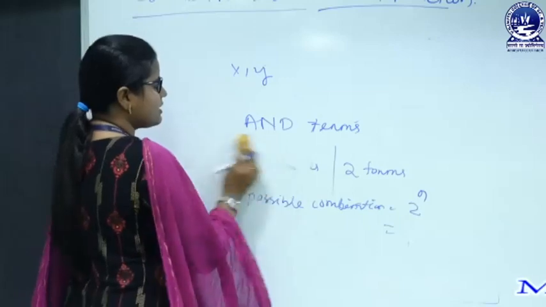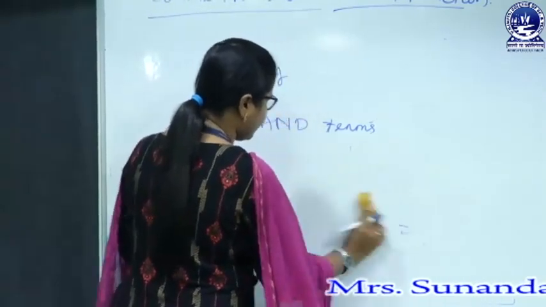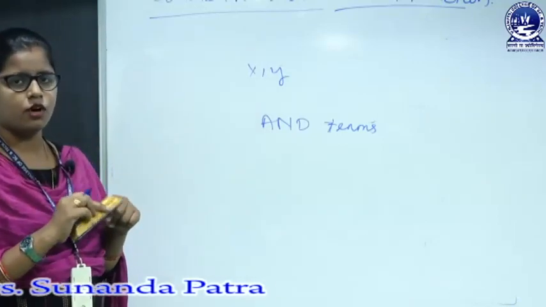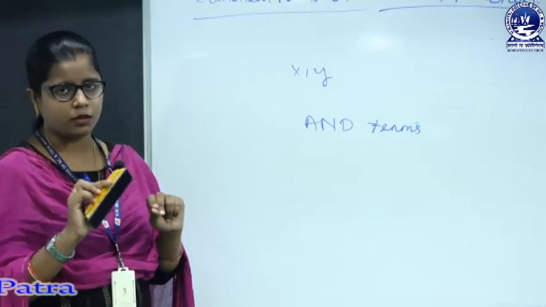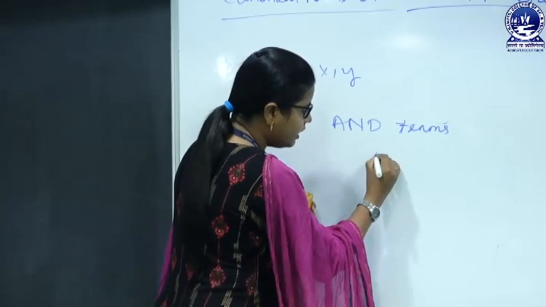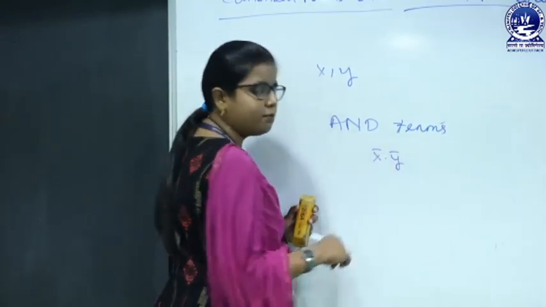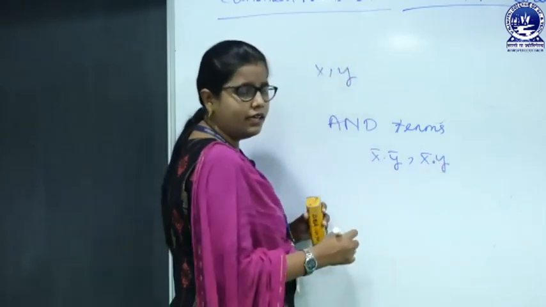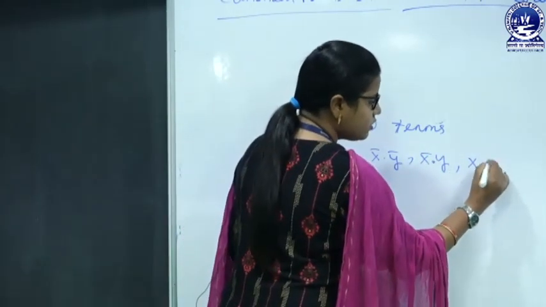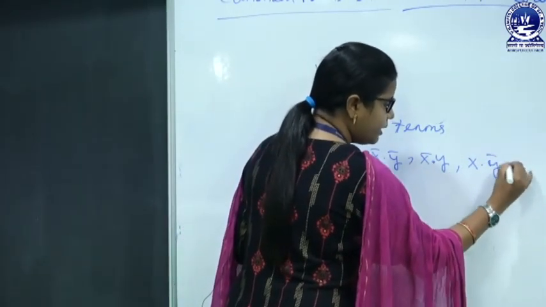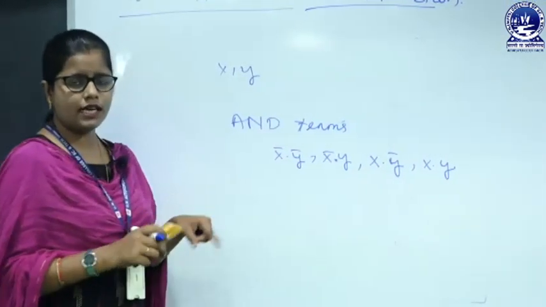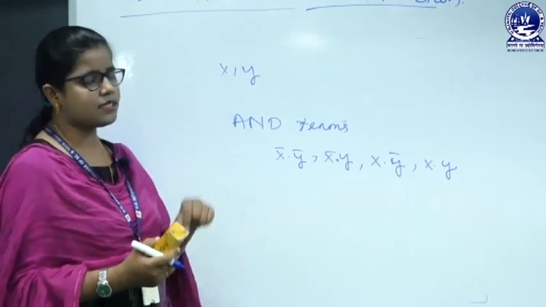So let's take the example. Suppose we have two variables x and y and we have to form the AND terms. What are the possible AND terms? x complement dot y complement, x complement dot y, x dot y complement and x dot y. So these are the possible combinations for x and y.